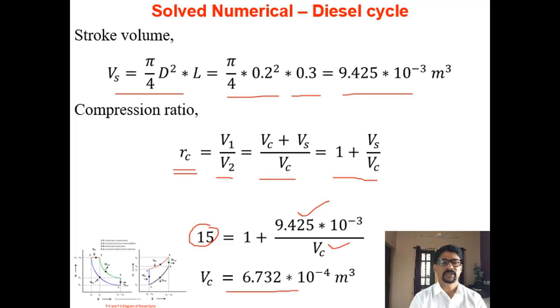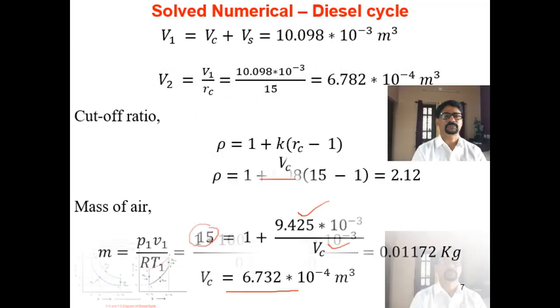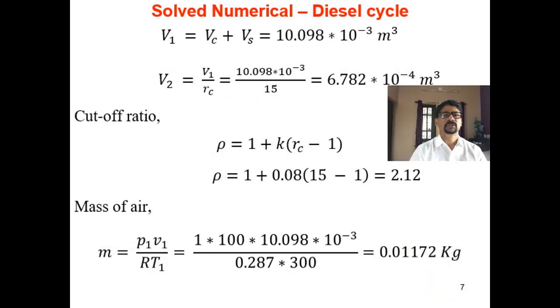So you can calculate the clearance volume as 6.732 into 10 to the power minus 4 meter cube. So V1, the total volume at the beginning of the compression process, is nothing but Vc plus Vs. After substitution and simplification, you will get it as 10.098 into 10 to the power minus 3 meter cube.